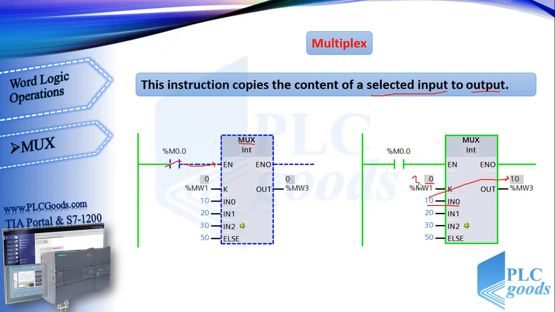If the k parameter is 1, the next input will be copied. For S7-1200, we can have up to 32 inputs and select one of them. Here, if the k parameter is not equal to 0, 1, or 2, the last input will be copied to output.